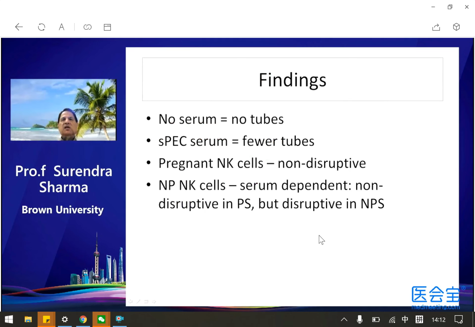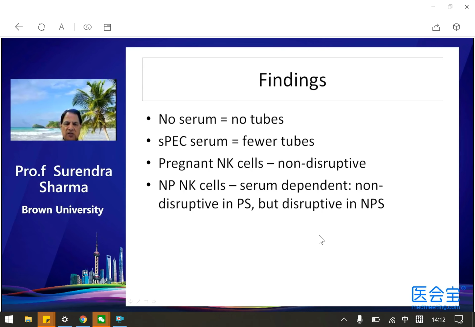So this says that NK cells from non-pregnant women or serum from non-pregnant women in these IVF treatment groups do disrupt the endovascular crosstalk between endothelial cells and trophoblast cells.